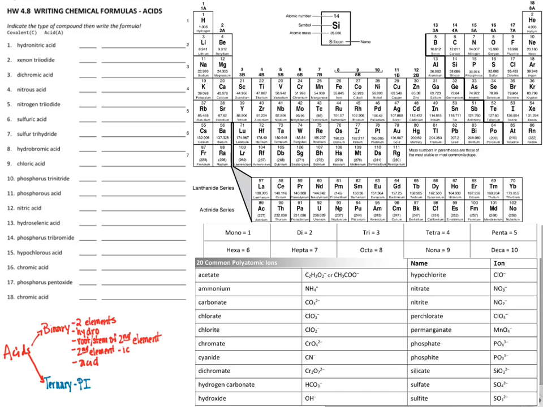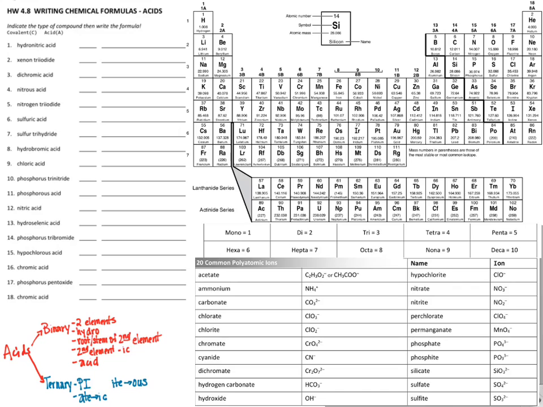And this is where we covered that little phrase: I ate an icky white mouse. So if the polyatomic ion ends in ate, we were changing it to ic. If it ended in ite, we were changing it to ous. But now today we're going to be reversing that.